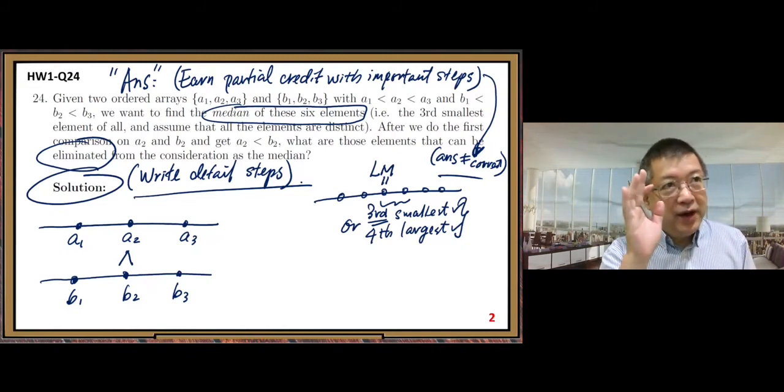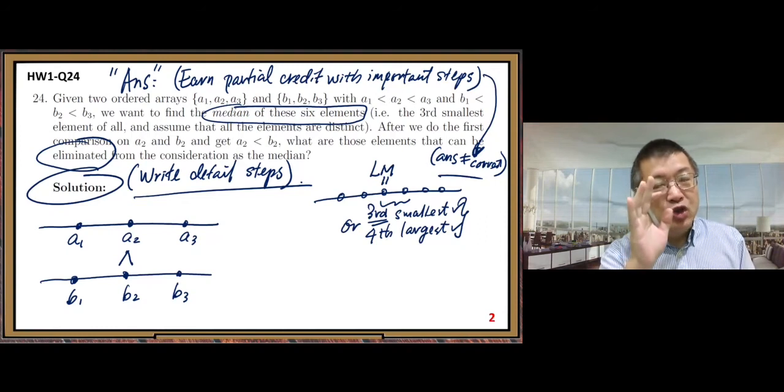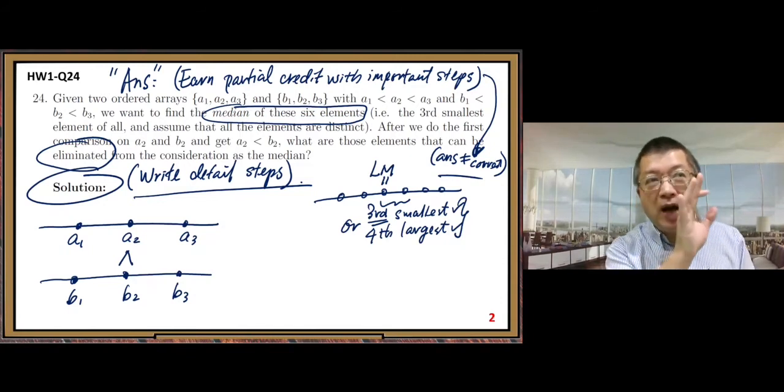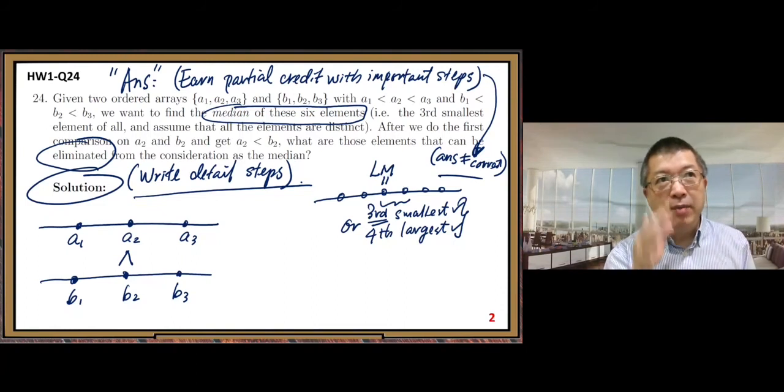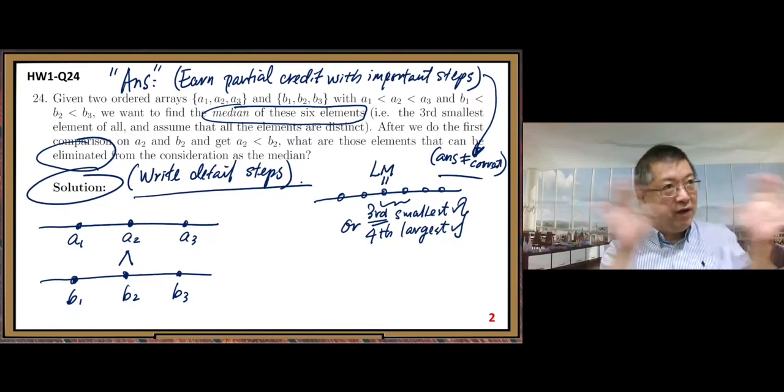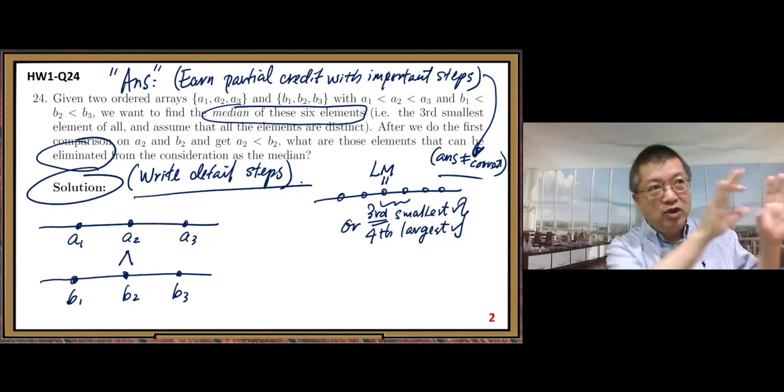Actually, I remember we did a similar question before, right? The idea is similar to the previous one. Remember, we have five elements. We need to find the median of 5 elements, right? But that's a multiple choice question.